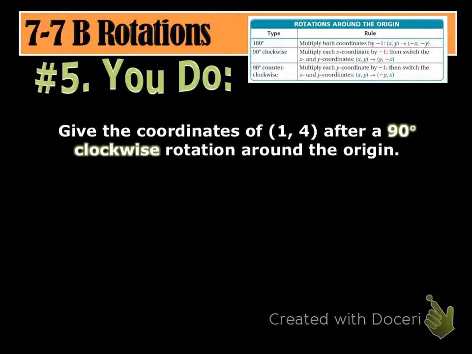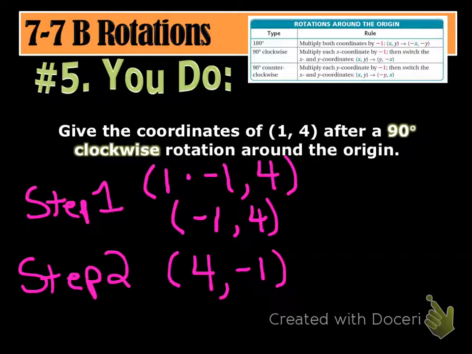This is asking you to find out what it's going to be when you rotate it 90 degrees clockwise around the origin. So pause the video, follow the rule, and see if you can figure this one out. If you did this correctly, you would have multiplied the x coordinate, got -1, 4, and flipped them to get 4, -1.